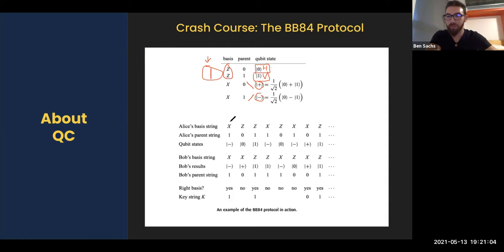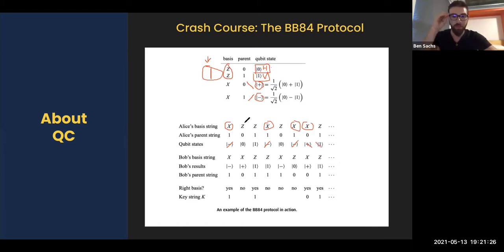I'm going to prepare a bunch of photons in the diagonally polarized states. This is the X basis: diagonal, diagonal, anti-diagonal, anti-diagonal.